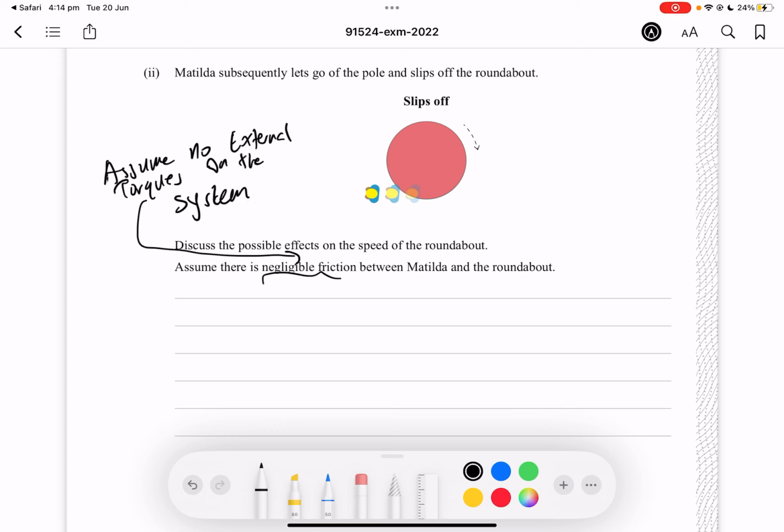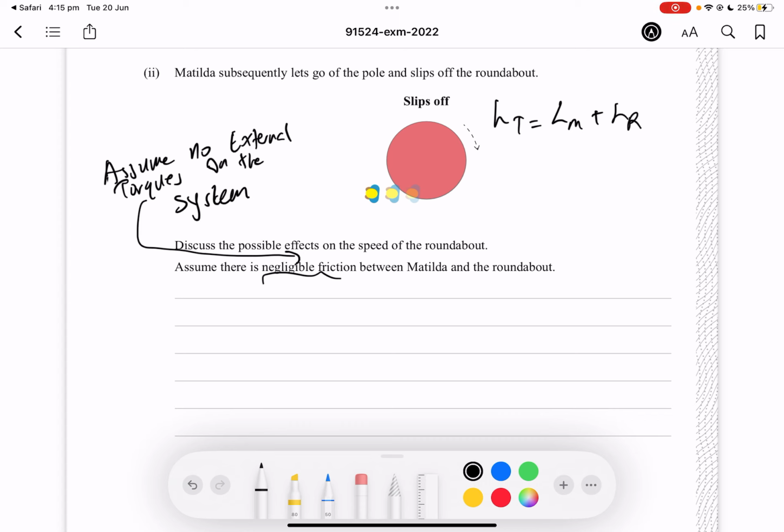Okay, so when Matilda lets go of the pole, initially we'll have the total angular momentum of the system, which will be equal to some angular momentum that's part of Matilda, and there'll be some angular momentum that's a part of the roundabout. Then the sum of those will be equal to the total angular momentum of the system. And in this case, the amount of angular momentum that each component has will result in both of them having the same angular velocity.